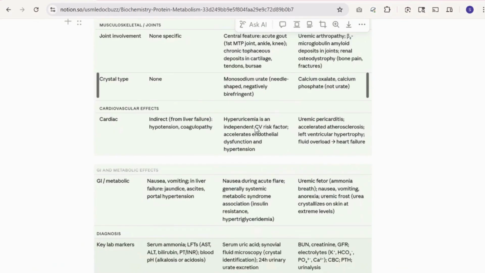That is important, right? Coronary artery disease and all of that is a risk factor. Here you have a special thing. You have pericarditis. That's the first and main thing you should remember, pericarditis. You have accelerated atherosclerosis, maybe left ventricular hypertrophy, maybe heart failure. But at least, right, with renal failure patients, we have to remember uremic pericarditis.